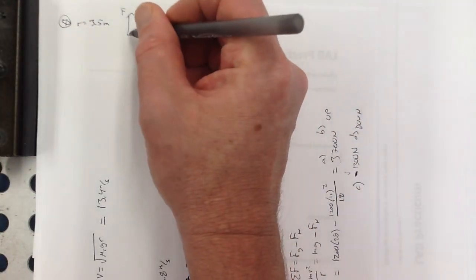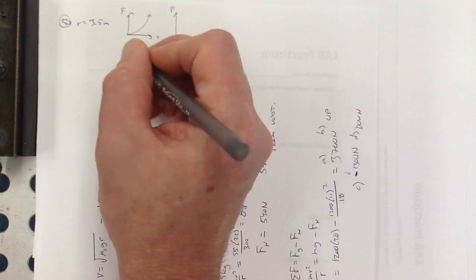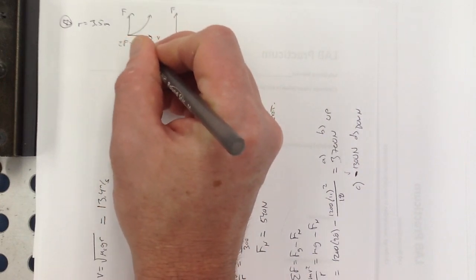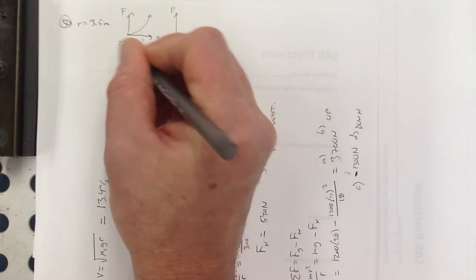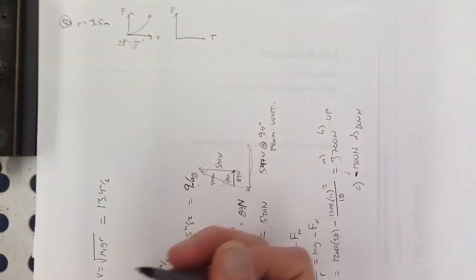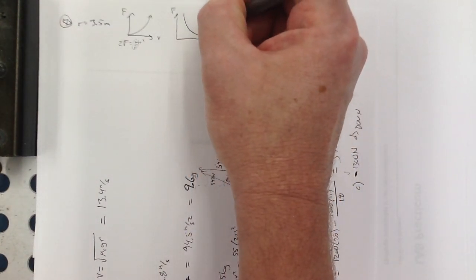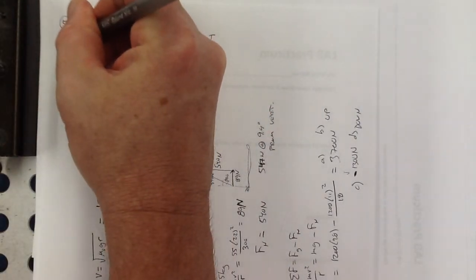And this one looks like this, which makes sense because if you think of this, force equals mv squared over r. The m and the r are constants, so that should look like an upward opening parabola. And then here, this looks like some kind of inverse relationship, doesn't it?